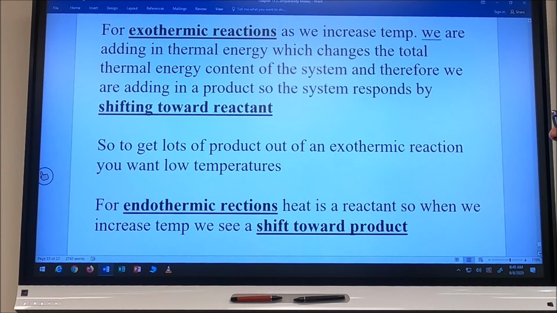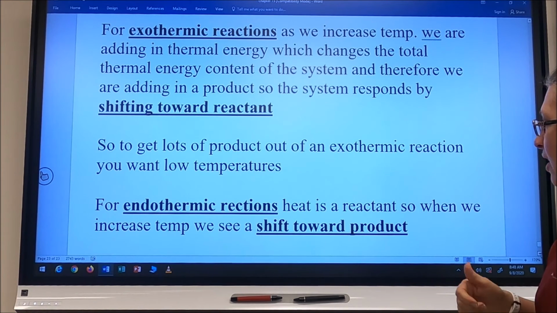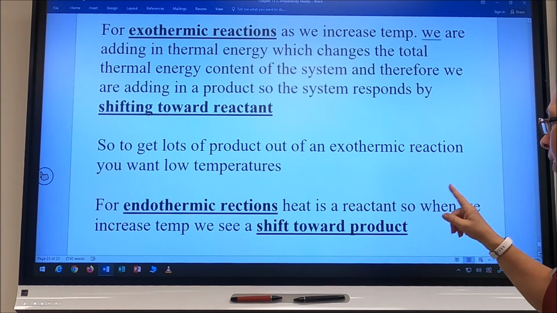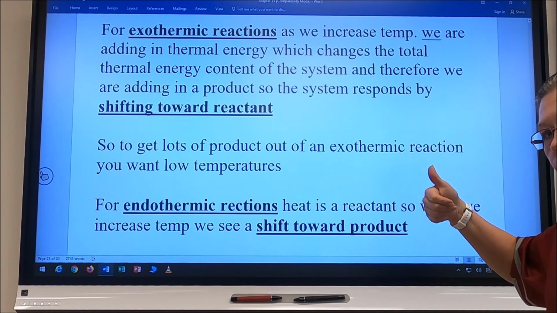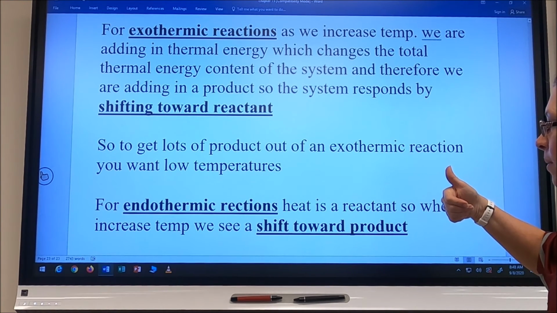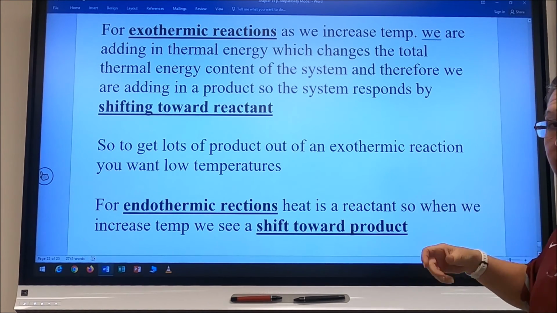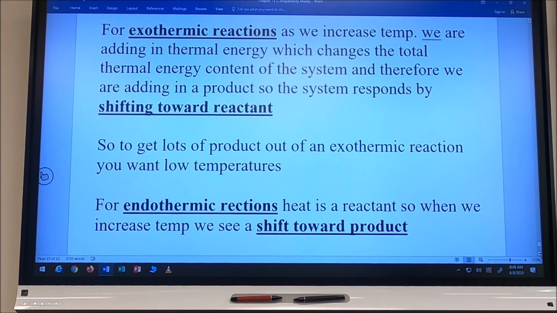We're doing the exact opposite for an endothermic reaction. When we increase temperature, we cause a shift toward product, and we increase the value of K, the equilibrium constant. If we were to decrease the temperature, we would decrease the value of the equilibrium constant. Okay? So let's look at practice problem 15.16.